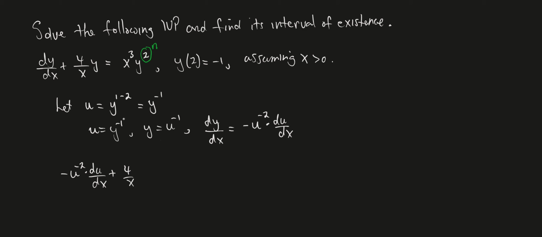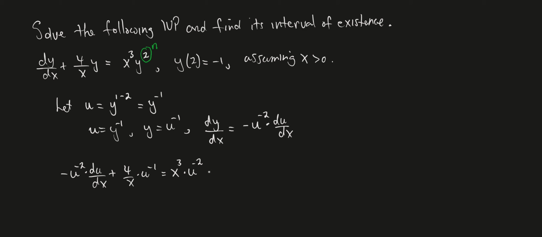The y changes to u to the negative 1. Then the x cubed coefficient doesn't change either, and then we'll now have y squared, so that's this squared. If I take u to the negative 1 and raise that to the second power, I end up having u to the negative second power. And so this is our first step.